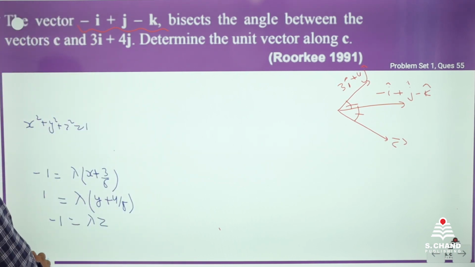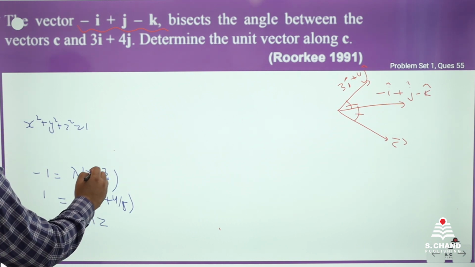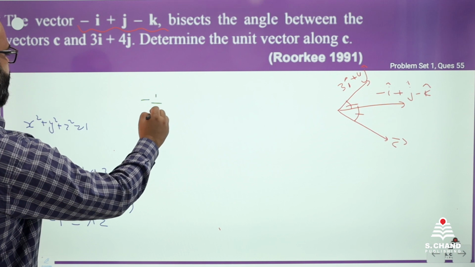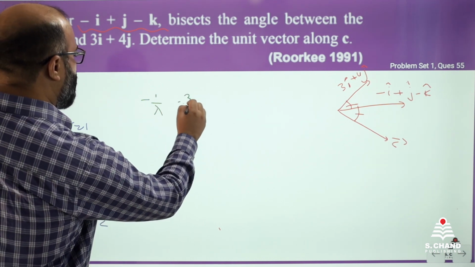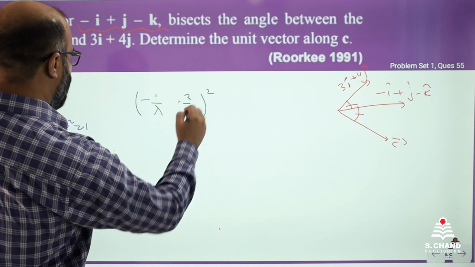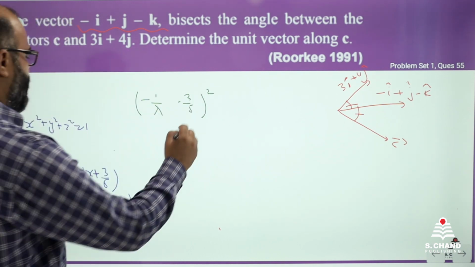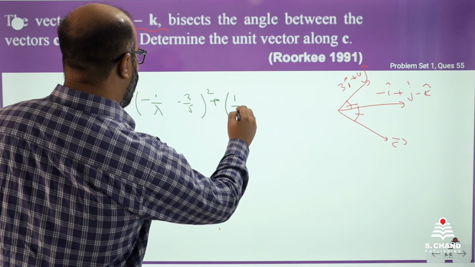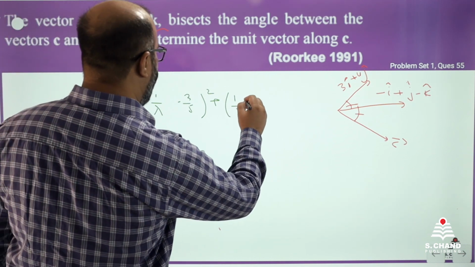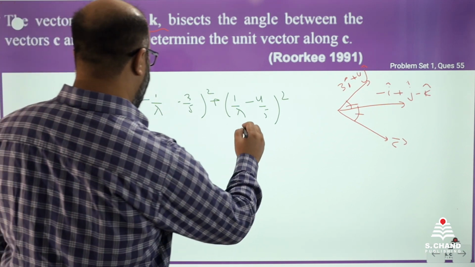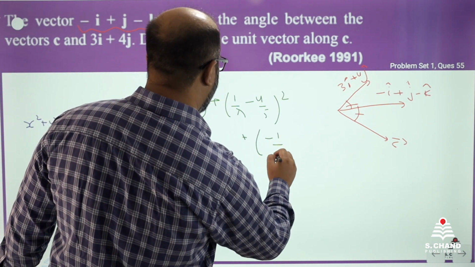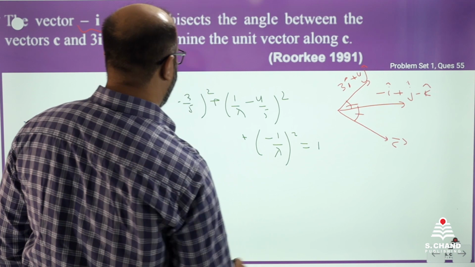So from here we proceed, and we get minus 1 by lambda minus 3 by 5 whole square, plus 1 by lambda minus 4 by 5 whole square, plus minus 1 by lambda whole square is equal to 1.